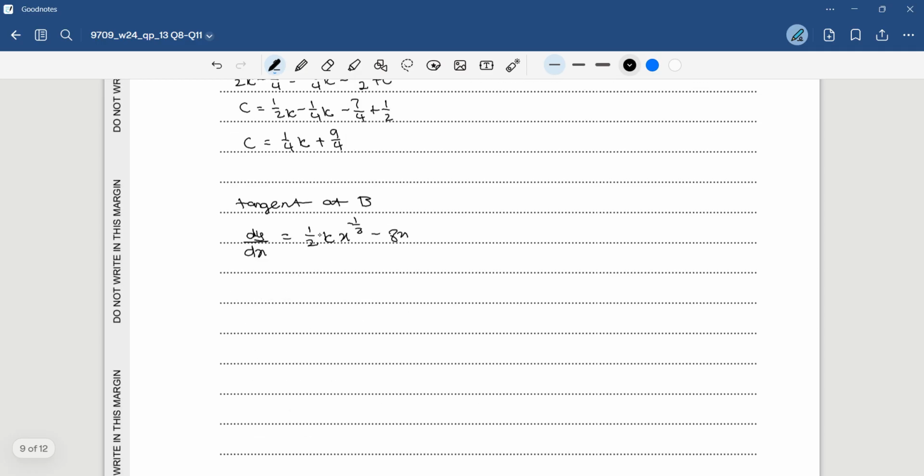So at B, x equal to 1, so my dy over dx equal to 1 over 2 k minus 8. Okay, so for y, y equal to kx to the half minus 4x squared plus 2. So when x equal to 1, my y will be k minus 2.